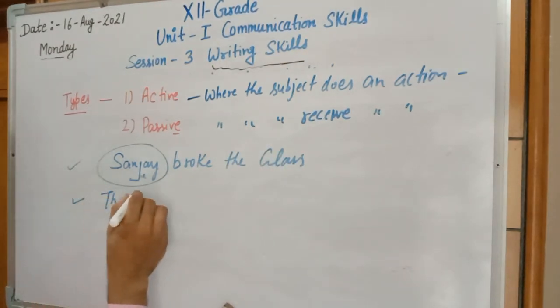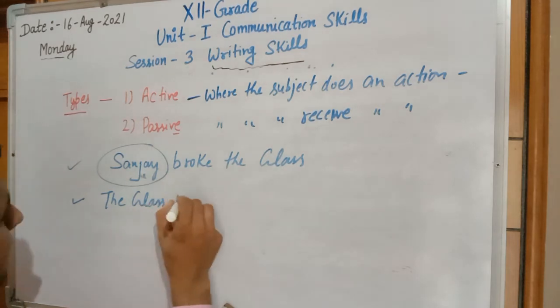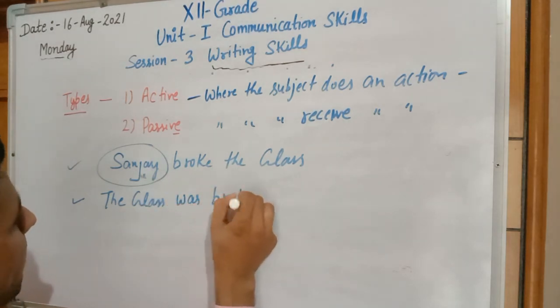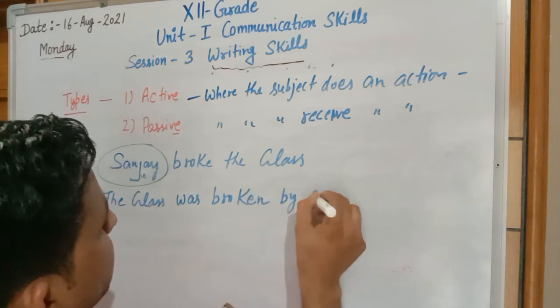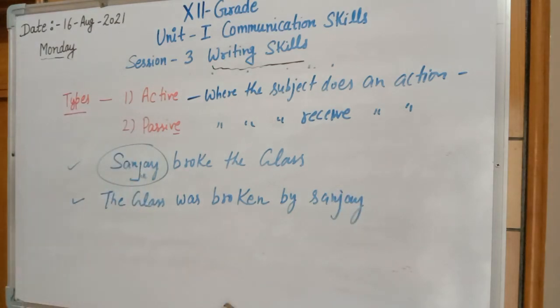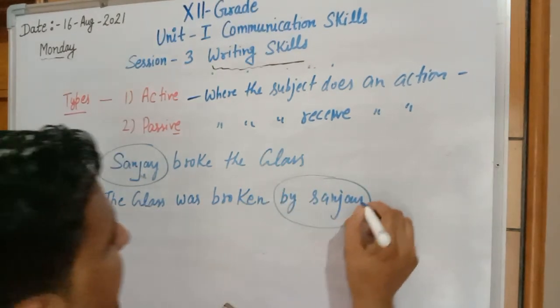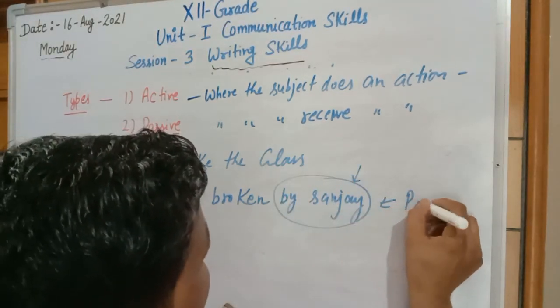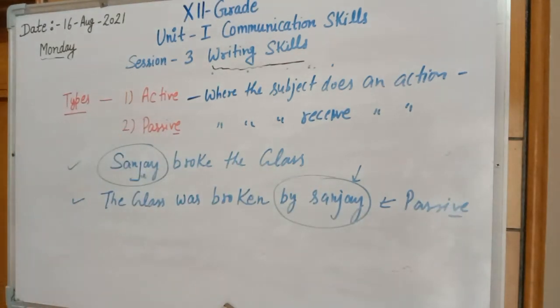Now I am writing: The glass was broken by Sanjay. Now who received the action? The action is received by, now, Sanjay. It means the action is received by Sanjay, it is a passive voice. Here the action is taken by Sanjay, here the action is received by Sanjay. This is known as active and passive voice sentences.